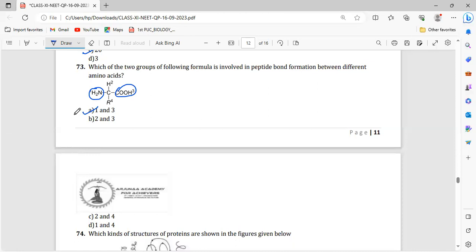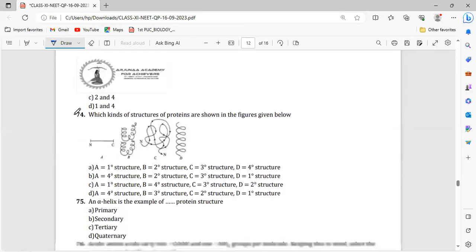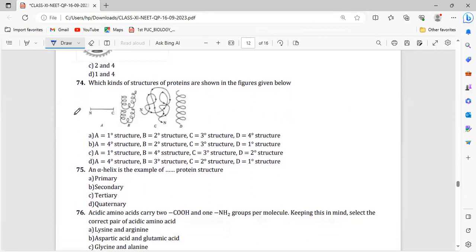Then 74. Some pictures are given and we have to choose the correct one. Here A is the primary structure. In B there are 2 subunits, so it should be quaternary structure. And C is forming a hollow woolen ball like structure, so it is tertiary structure. And this is an alpha helix, so secondary structure, which is given in option C.